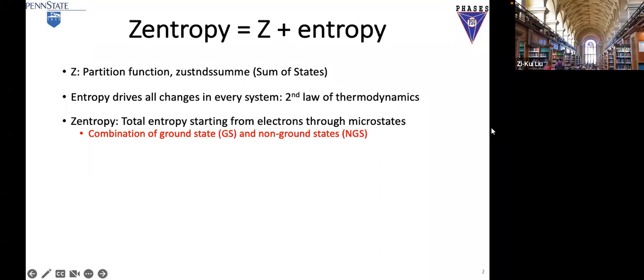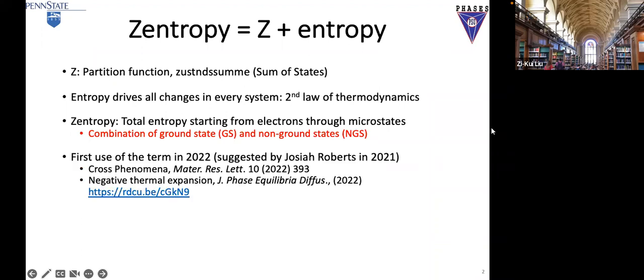So as I mentioned, I started this term last year. I gave a virtual talk last year in June about entropy. I was talking about how I needed a term for the approach. We were trying to figure out what term to use with a partition function, superposition, and different methods.